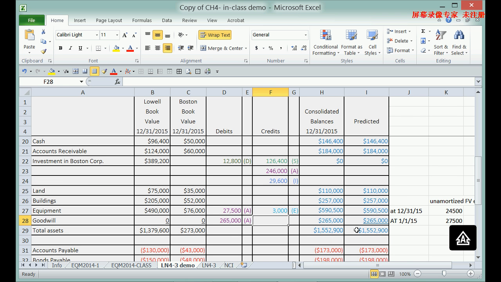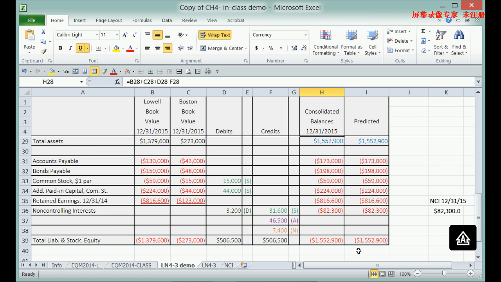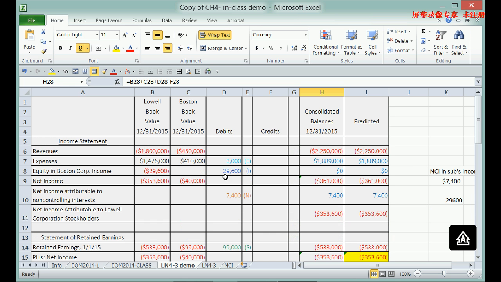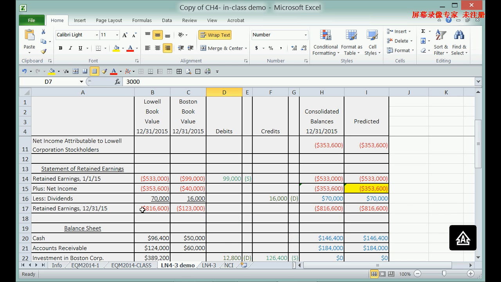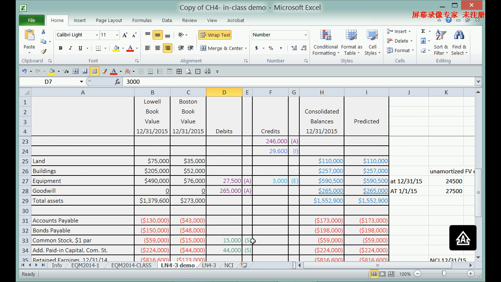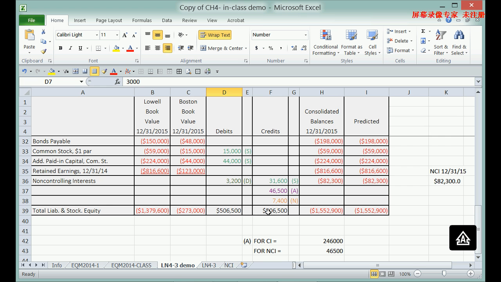Okay, if I look at my equipment now, they are the same, so I quickly look at all my answers, and now they are the same. The reason was that if I didn't put in the E entry, that would change my expenses and net income, and that would change my retained earnings December the 31st. It would also change my stockholders' equity.